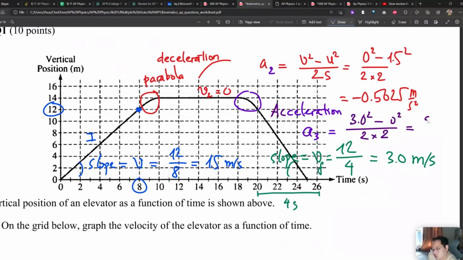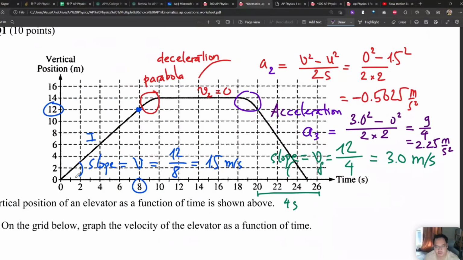So that is 9 over 4, which is 2.25 meters per second squared.